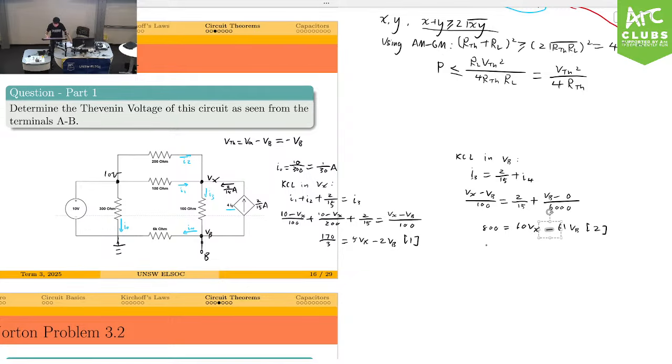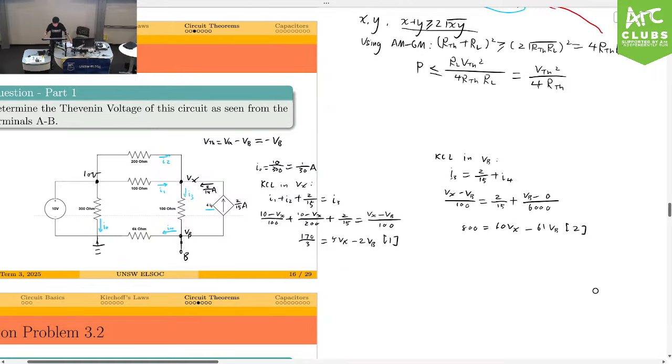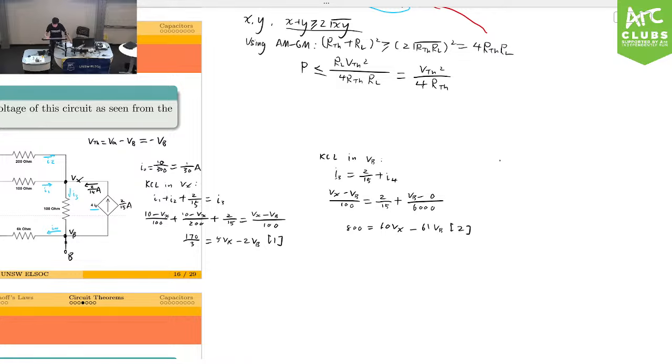If I have solved the simultaneous equations correctly, solving 1 and 2, we should get Vb equals minus 3.24 volts. And look, we have determined the expression for VTH here.